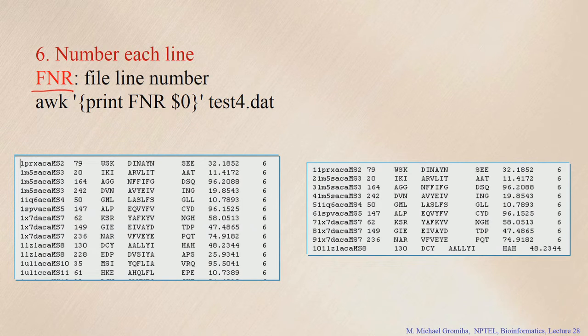If you want to consider all the columns and print everything, you write print FNR, which gives the line number, and $0. What is the meaning of $0? The entire line. If you write $1, what will happen? It gives only the first column. If it is $0, it means the entire line.